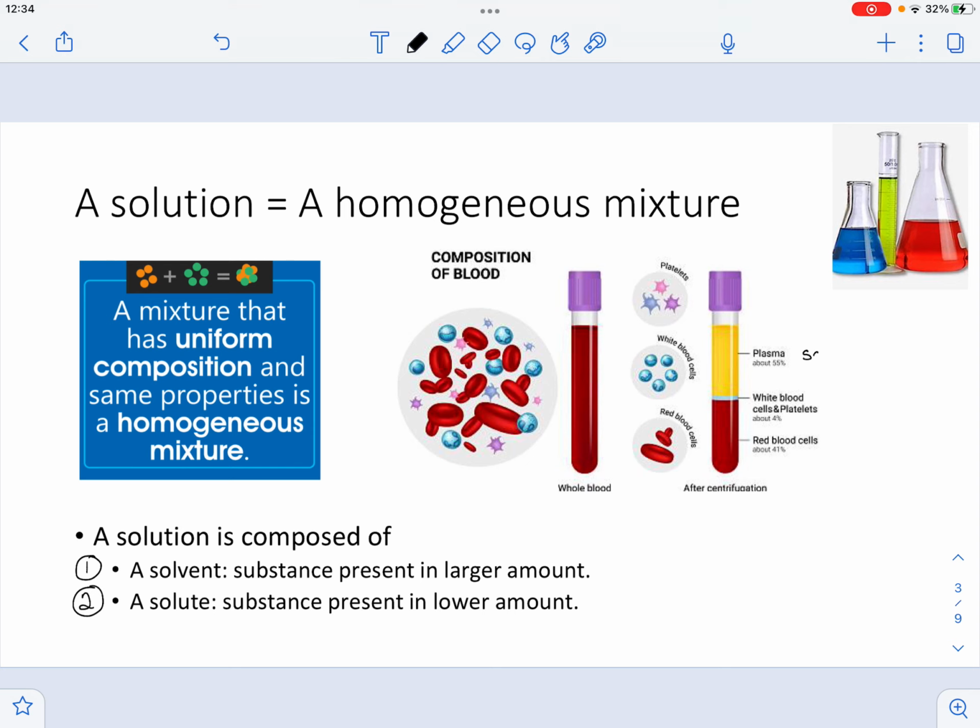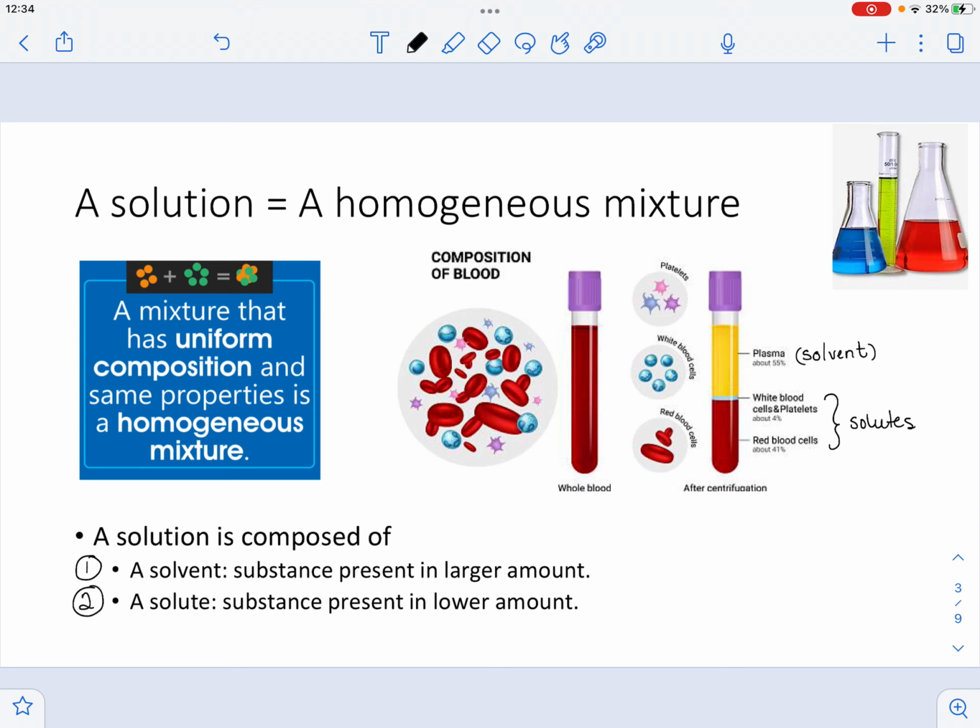So that is the major solvent found in blood. The white blood cells, the platelets, and the red blood cells are the solutes present in this mixture of whole blood.